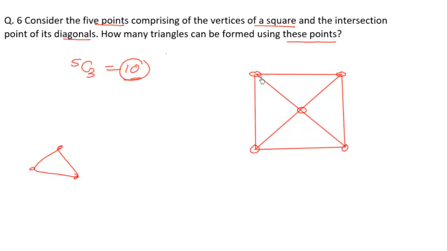So here we can see that these 3 points are collinear, so one case will be deducted. Similarly, these 3 points are collinear, so this case is also deducted. Apart from that, if you take any other 3 points, then they will not be collinear. So definitely the answer has to be 8, and this is a very easy question I believe, because we have to just deduct the number of cases which are not possible from the total cases.